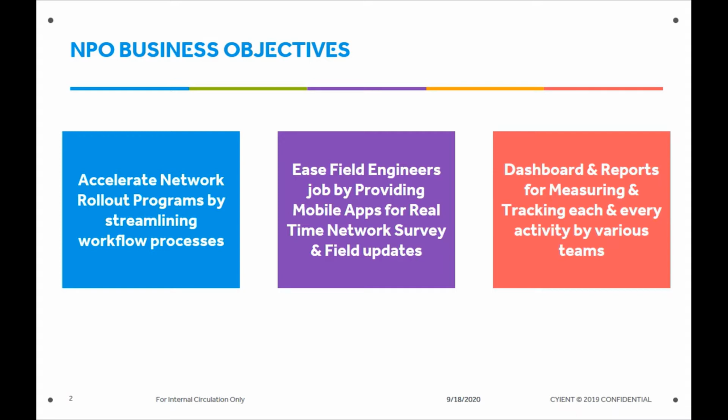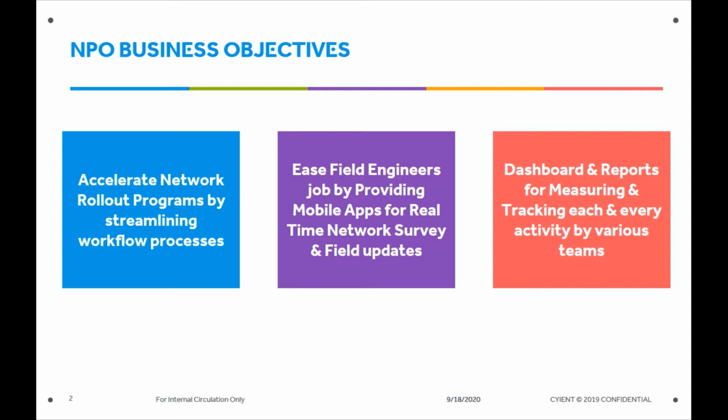The key business objectives of NPO are to accelerate network rollout programs by streamlining various business processes which are followed by the communication service providers and various stakeholders. To simplify the activities and the tasks performed by the field staff by providing mobile applications to the field engineers to view and update all the required details on the field, including the network data.